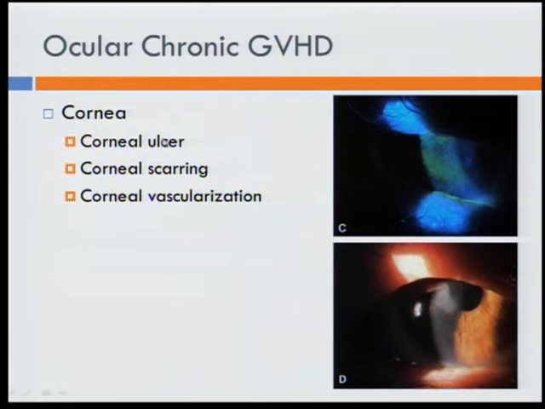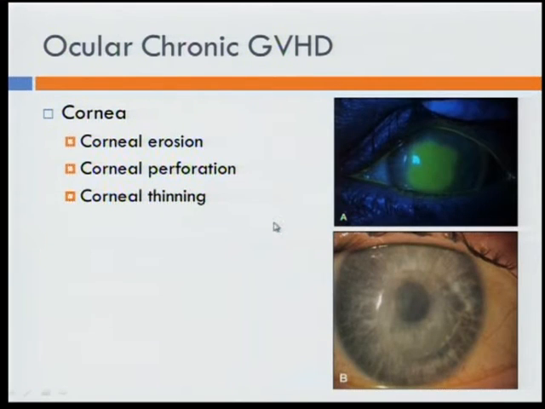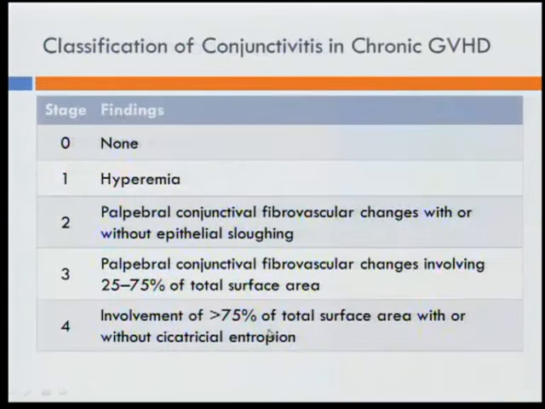The progression then leads to corneal ulceration, secondary neovascularization, scarring, and even perforation in the worst cases of dry eye. Here we see a large corneal erosion. Here we can see chronic scarring, thinning, and significant loss of vision.